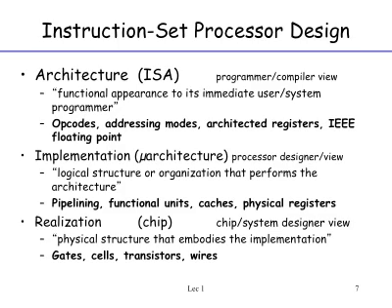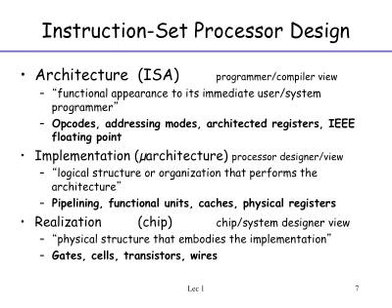Now, if we go down further, we need to consider the realization of the chip. Basically, how do you fabricate the chip from a silicon wafer? That's the chip system designer's view. At this level, we are talking about the physical structure that embodies the implementation.